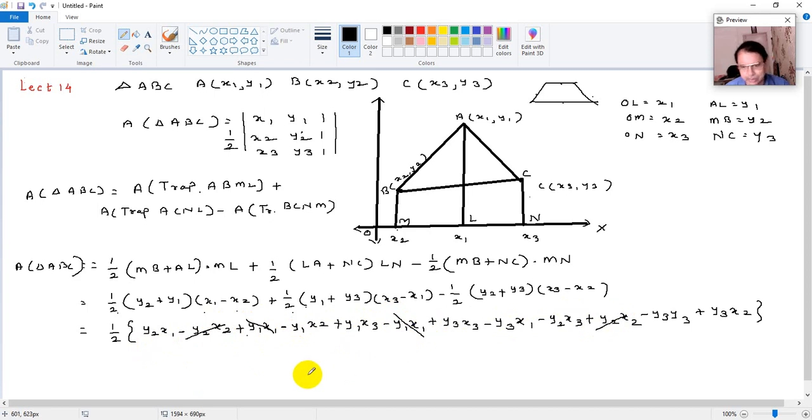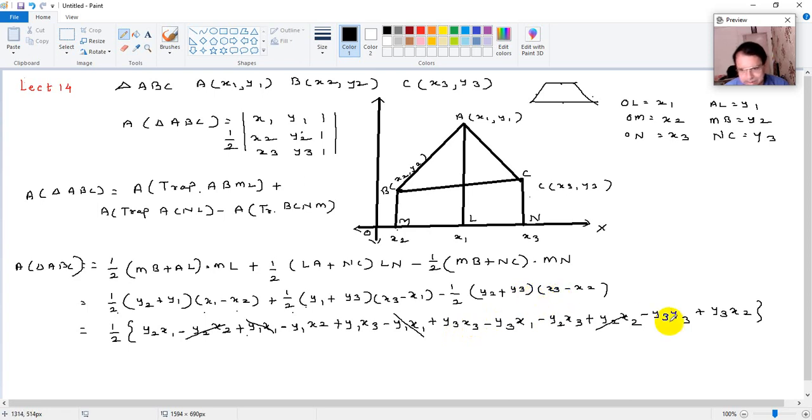And there should be y3 x3 somewhere. So this is that y3 x3 with plus sign and anywhere y3 x3 with minus sign. See whether anywhere we get that term y3 x3. This should be there, y3 x3.